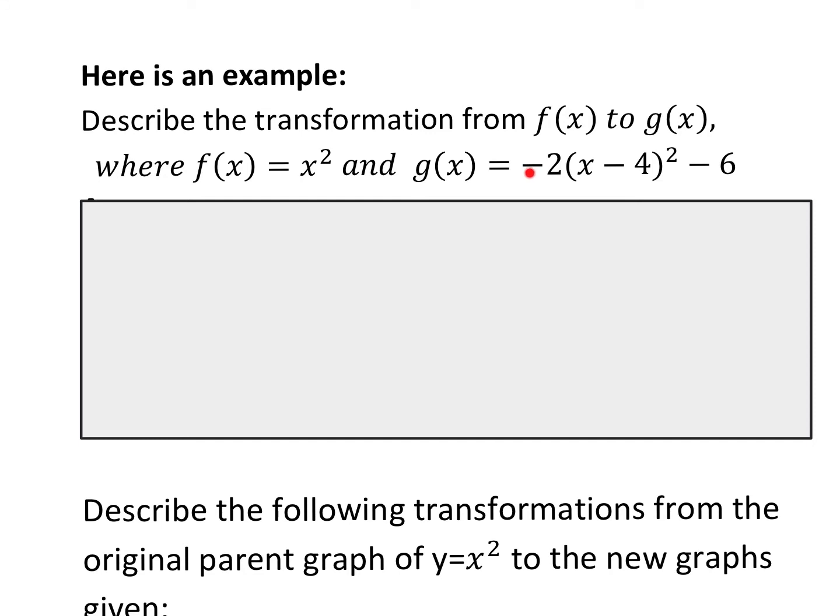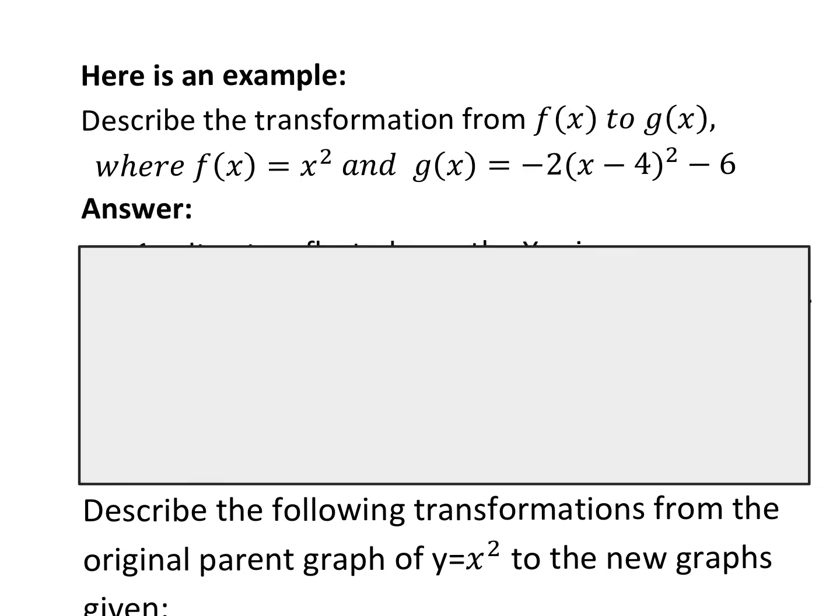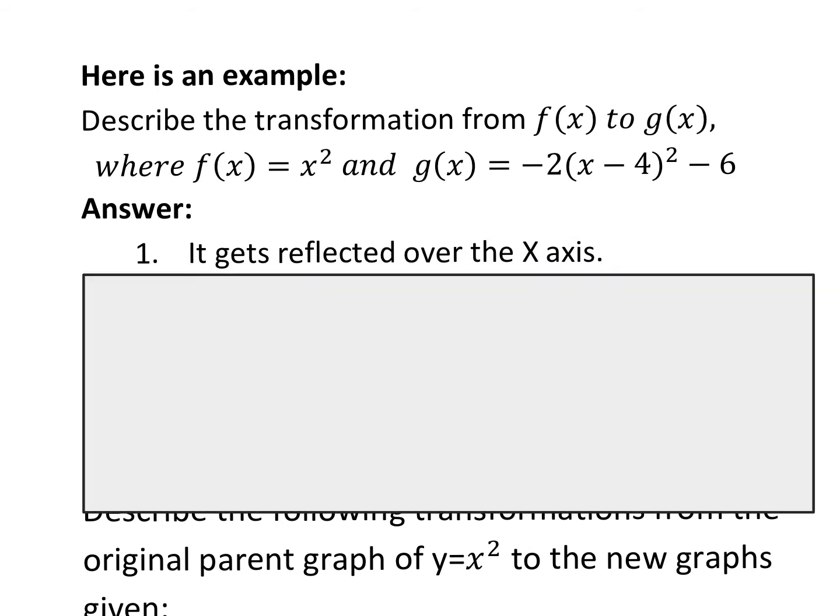There's a negative right there, which means yes, it gets reflected over the x-axis. That would be the very first thing that you write down. Number 1, it gets reflected over the x-axis. You actually have to type this in, write it out in words. That's another way of saying that it opens down because the a value is negative, okay?